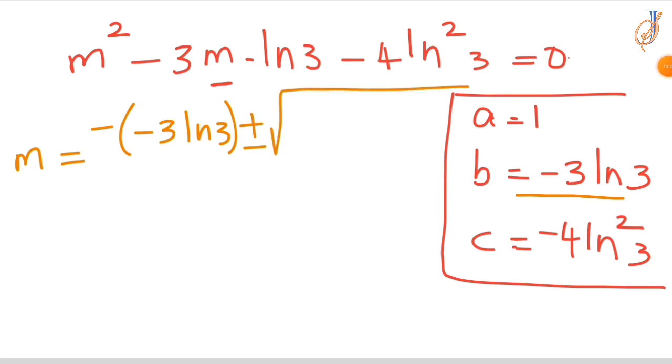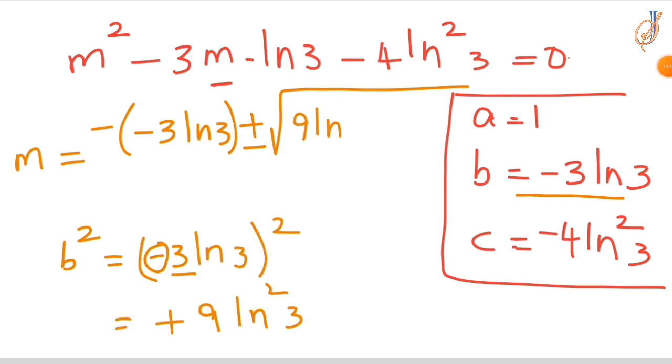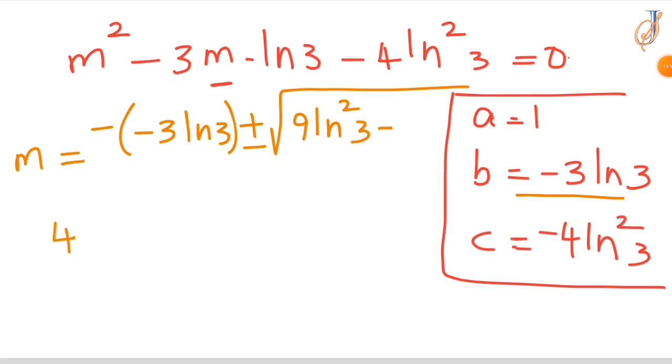Plus or minus the square root of b square, that is minus 3 ln 3 whole power 2, which gives 9 ln square 3, minus 4ac.